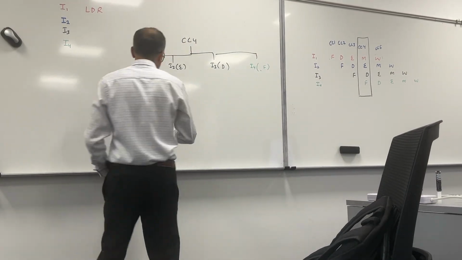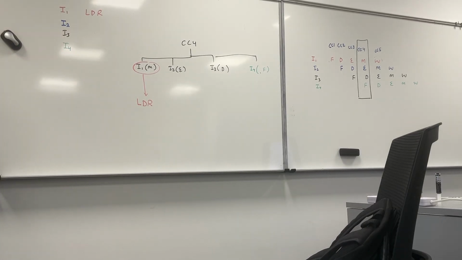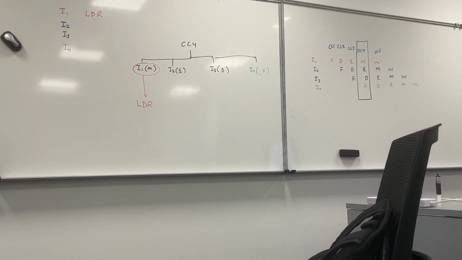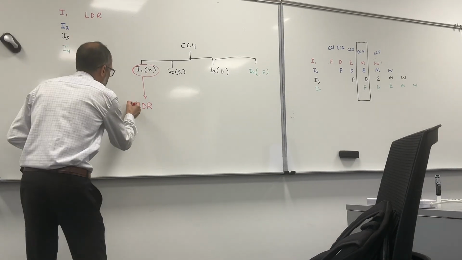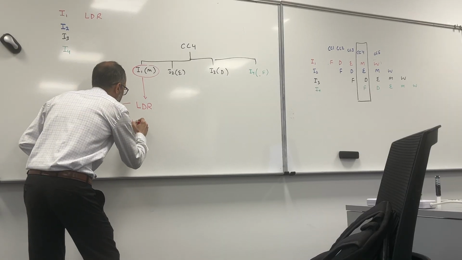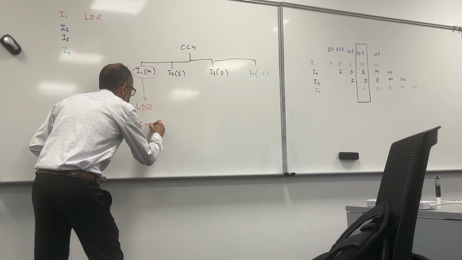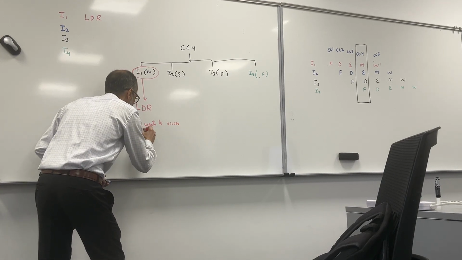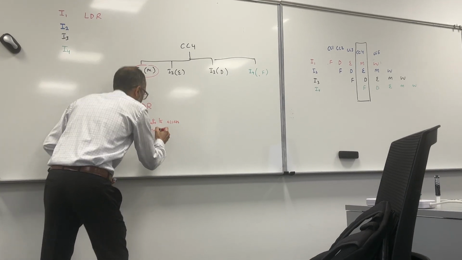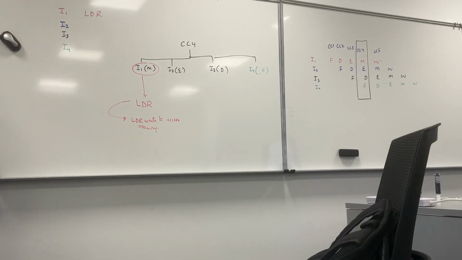Now, if you look at LDR, it means that I1, which is an LDR instruction, requires access to the main memory. So LDR wants to access memory. It can be LDR or it can be STR.